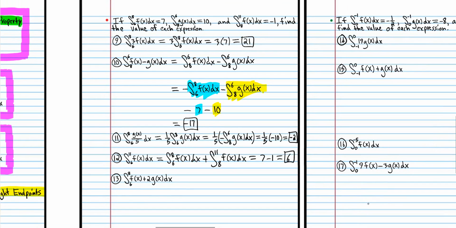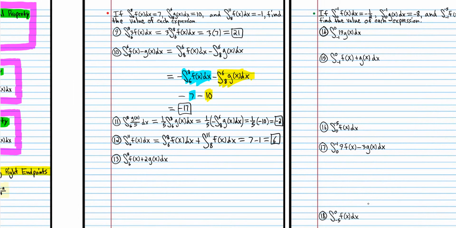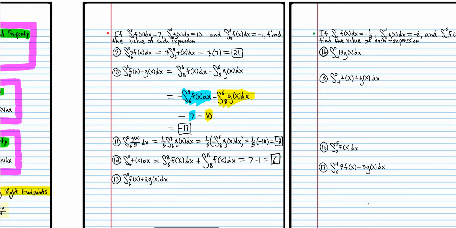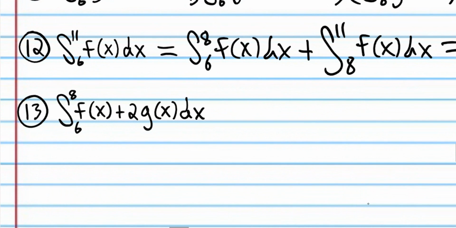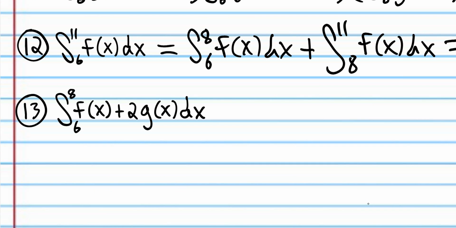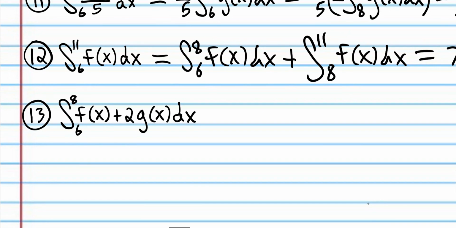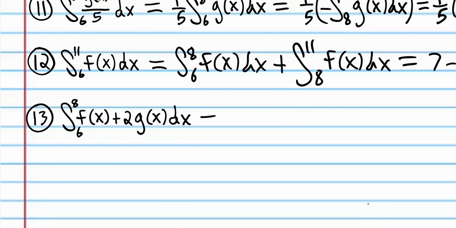All right. So now we have one more. We're going to integrate from 6 to 8. But now we have f of x plus 2 times g of x. And we don't have any information on this. We don't know how to integrate with that function in there. So what we're going to do is we're going to break it up into parts. We're going to use the integral of a sum property.